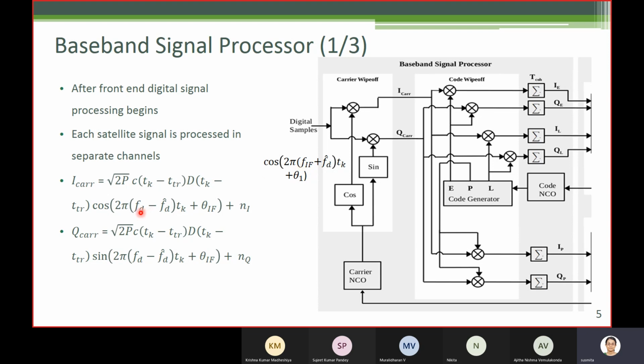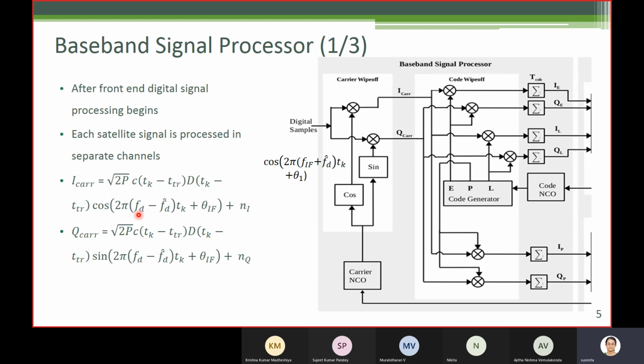What you get is FD minus FD hat, the Doppler error. This is for the in-phase leg, which we call I carrier. Similarly, if you do the math for cos and sine, for the quadrature phase, you will get a sine term. The noise will be changed accordingly. That's why I put NI and NQ. So at the output, we get I carrier and Q carrier.